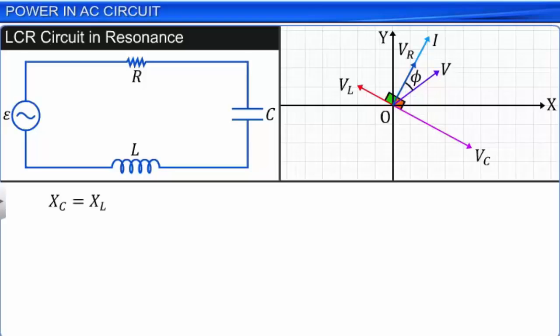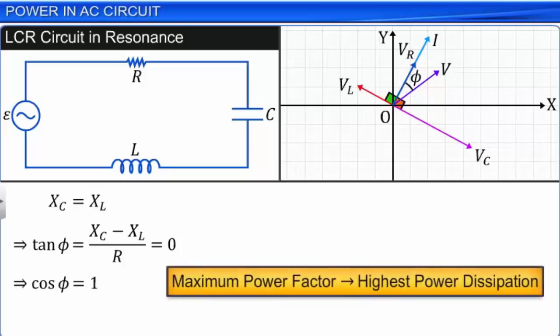This implies that the value of phi is 0 and hence the power factor cos phi is equal to 1. Hence, the power dissipation in an LCR circuit is the maximum as the power factor becomes unity. The average power, in this case, is equal to the product of Vrms and Irms.